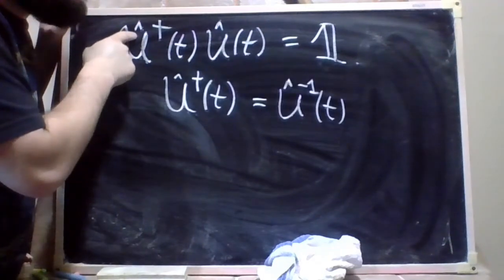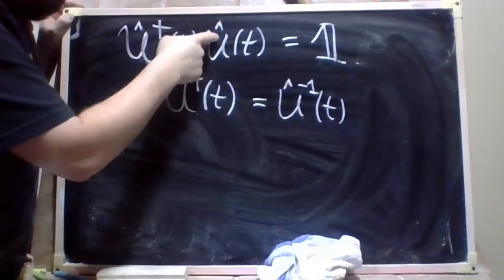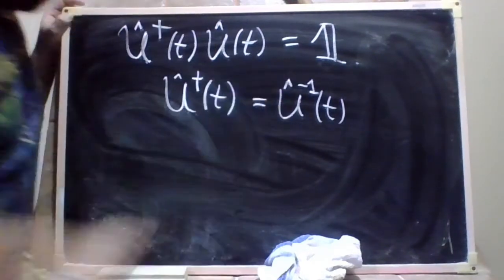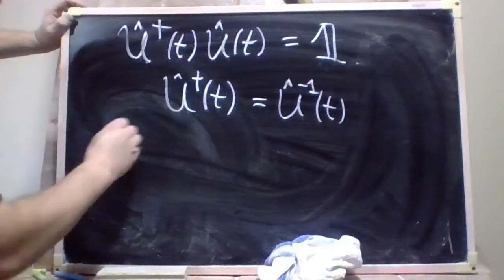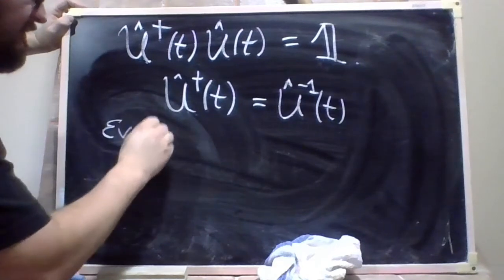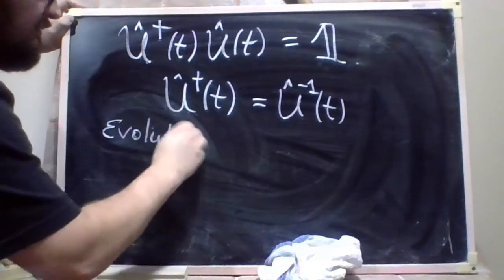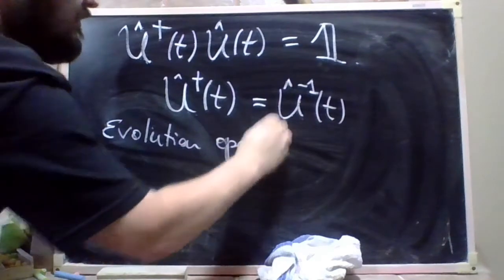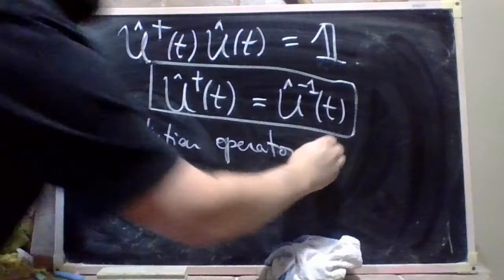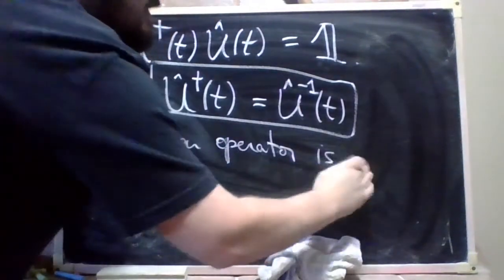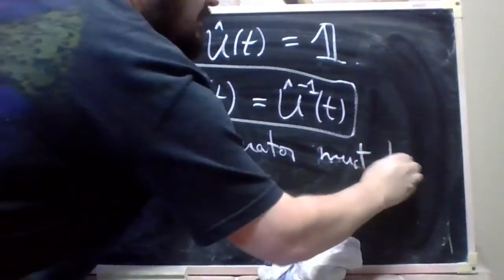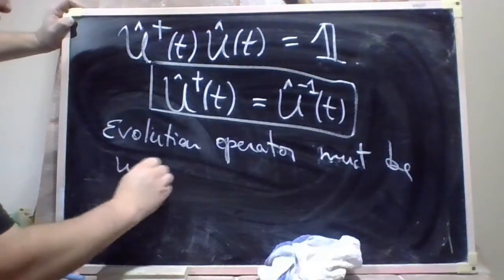It is just when this matrix, which is in general distinct from that one, is in fact the inverse. So the time evolution operator has the important property that it must be unitary.